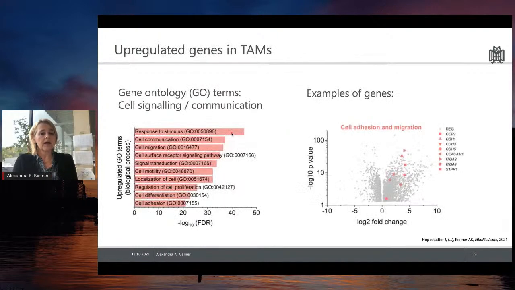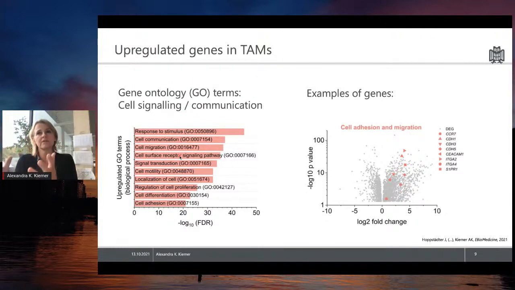So we then had those data systematically analyzed by the bioinformaticians, and they sorted these differentially expressed genes, which are upregulated in the tumor-associated macrophages, regarding their gene ontology, and we found lots of GO terms regarding cell signaling, cell communication, and so on, which was not too surprising, right?